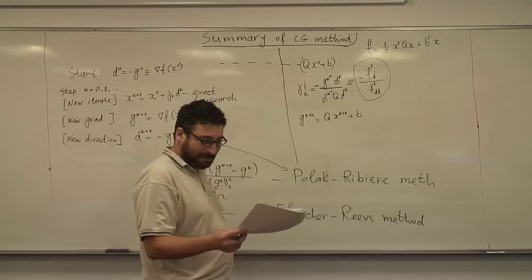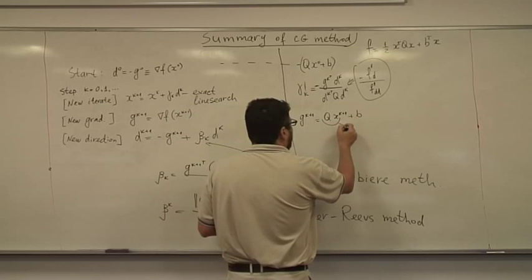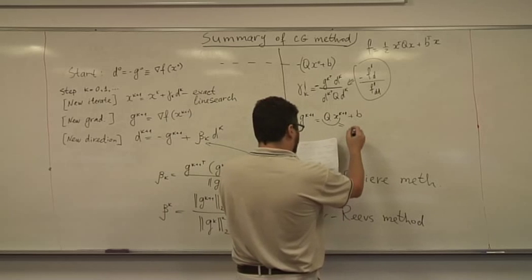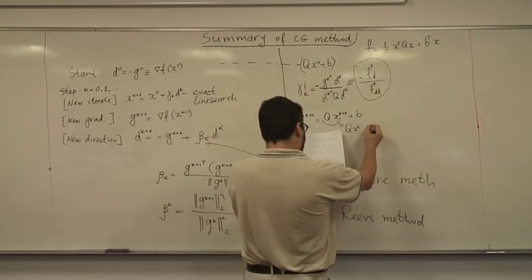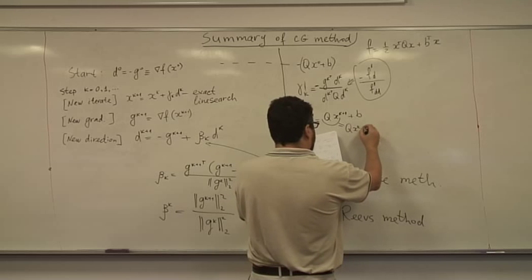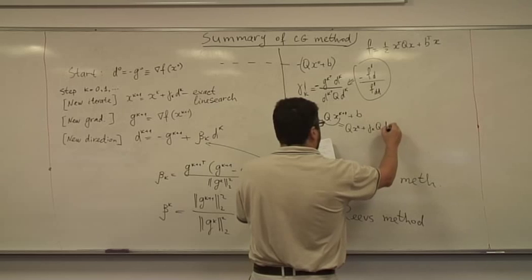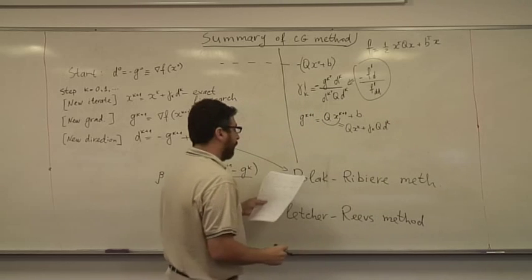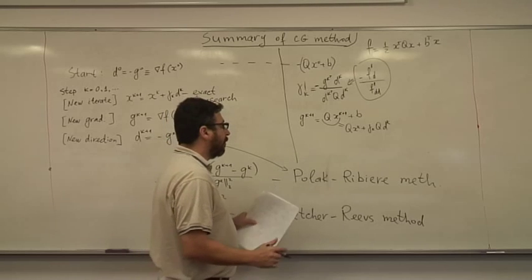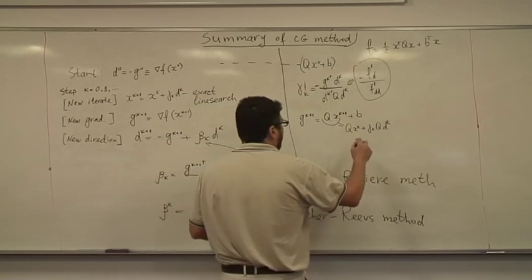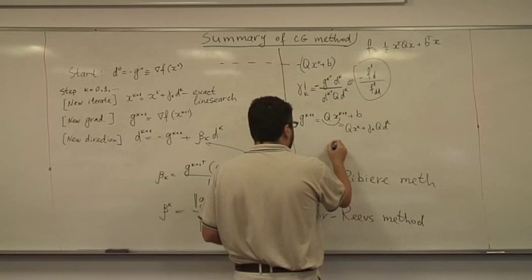This will save computation, because it is Q x_k plus gamma_k Q d_k. So we don't need an extra multiplication.